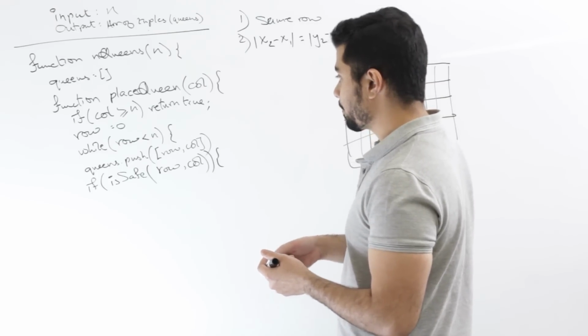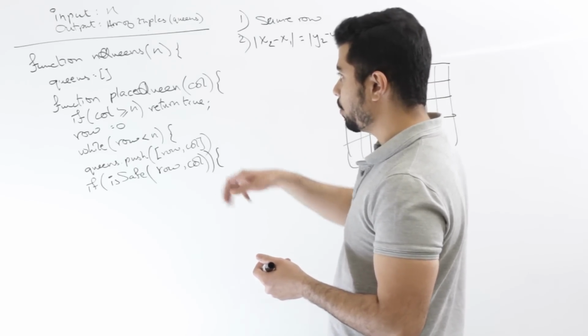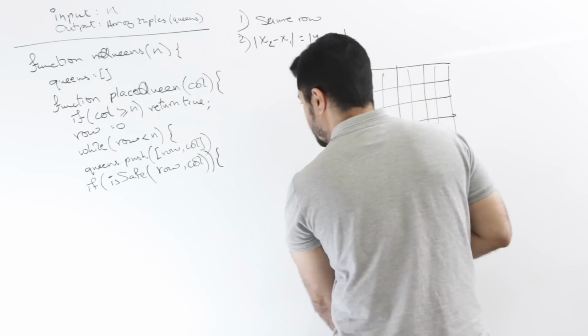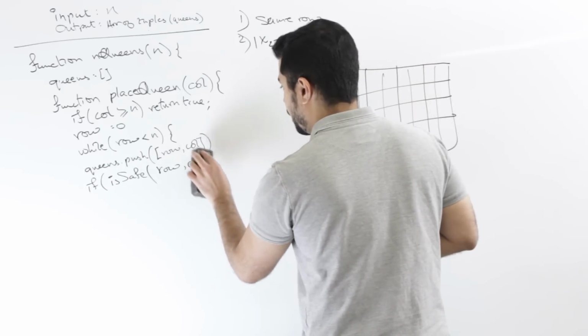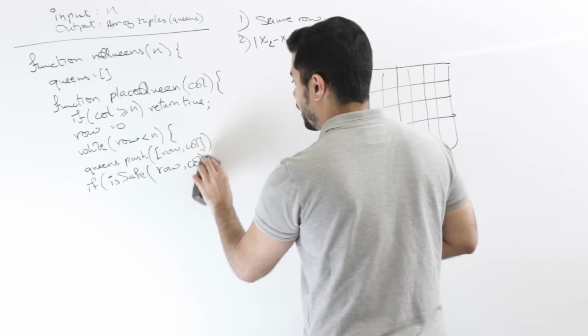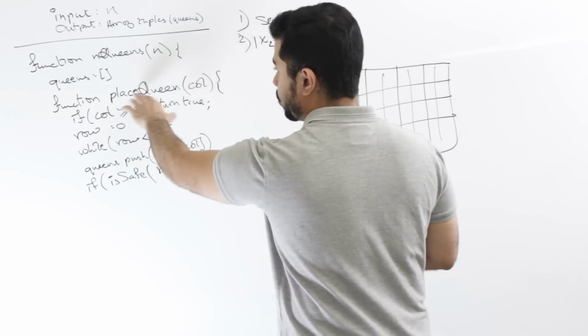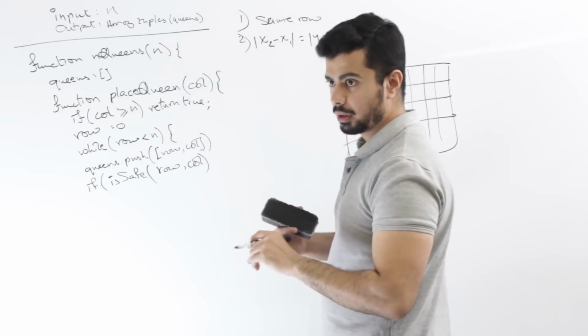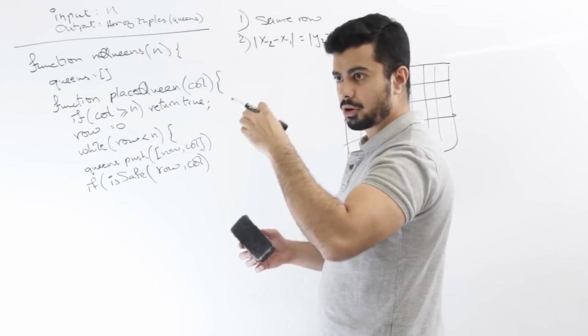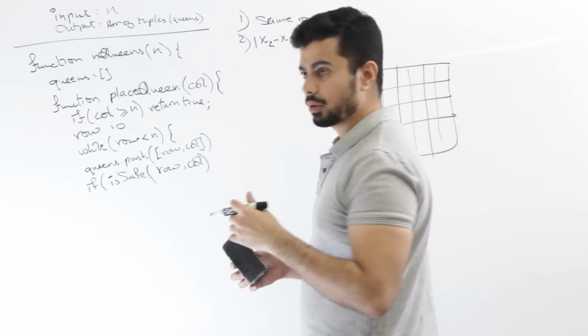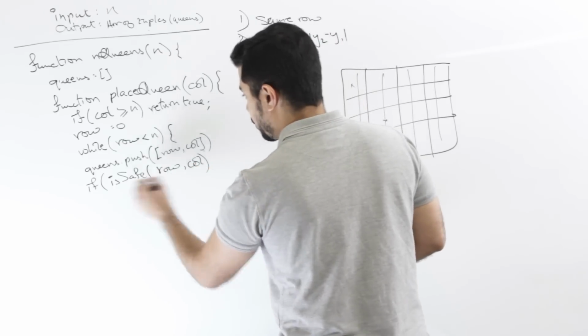But the only time we actually return true is when the output of the place queen itself returns true, right? Because it'll just recursively bubble up the truthy value. Yeah. So I'll say, okay, it's safe.